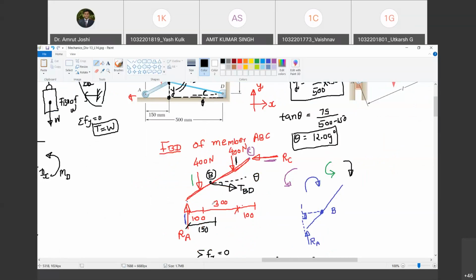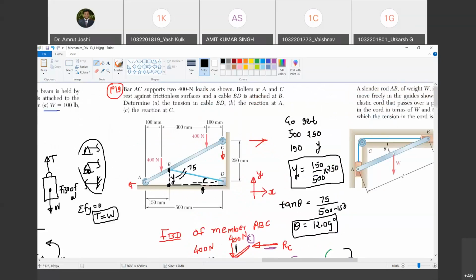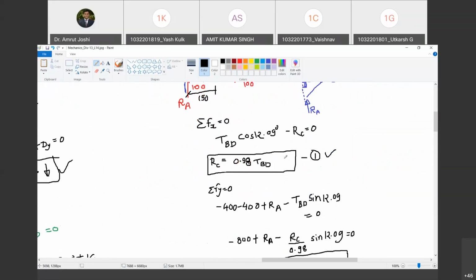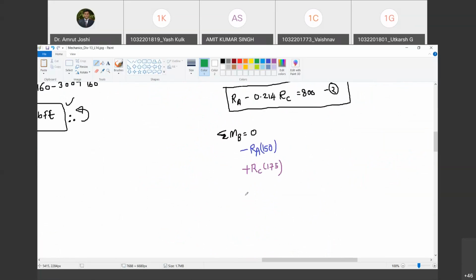Do you agree with me? And we have to write their horizontal distance from point B. So what is the horizontal distance of the first 400 from B? It is 50. So what is the first moment? That is anti-clockwise in nature, so it is going to be plus 400 into 50. Yes, go ahead.